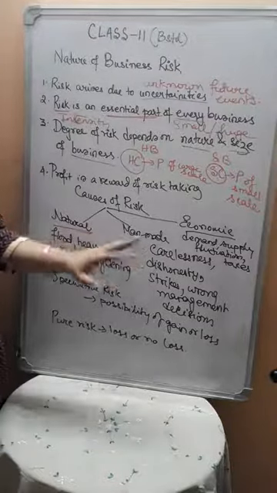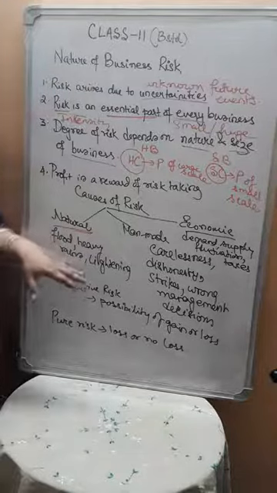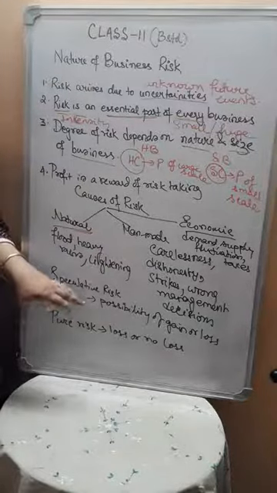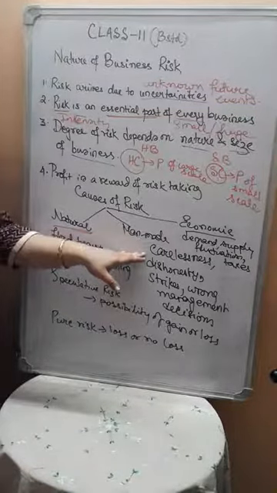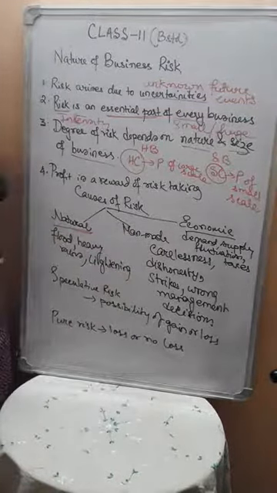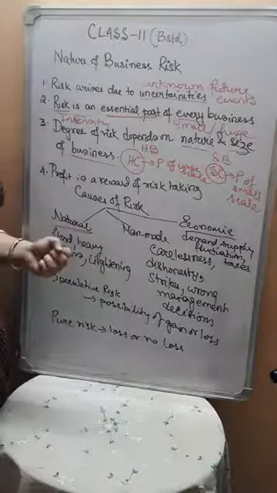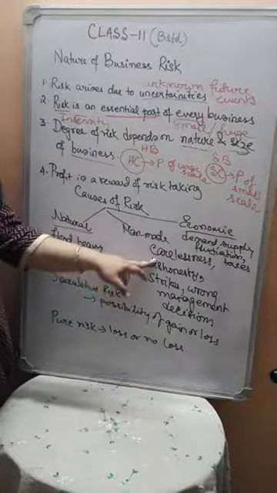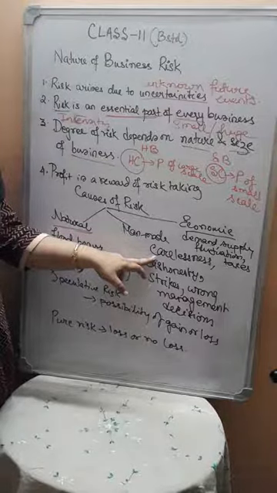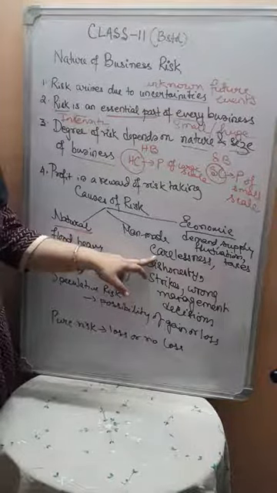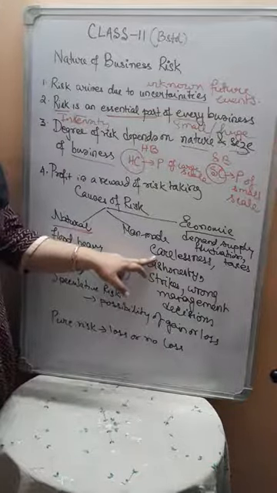Number two, man-made. Now this uncertainty or loss does not always result from natural calamities. There can be many man-made things or human risk which the business may face. For example, if the business is employing many laborers, there can be laborers who are very careless, and this carelessness may result in wastage of raw materials bought with money, and the businessman bears the entire cost of raw materials.